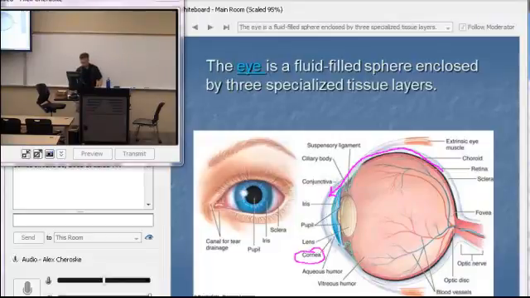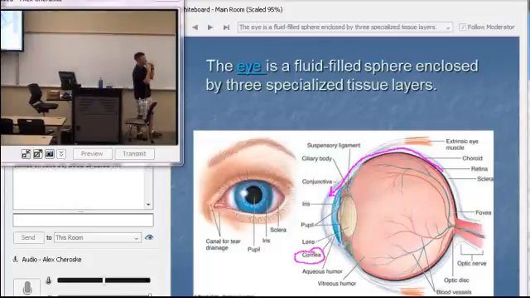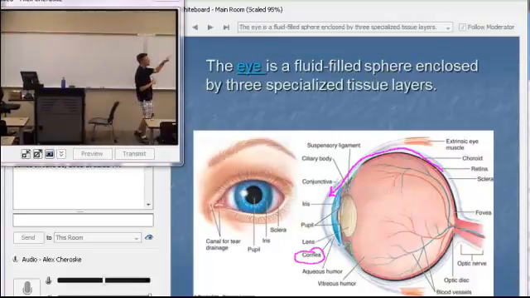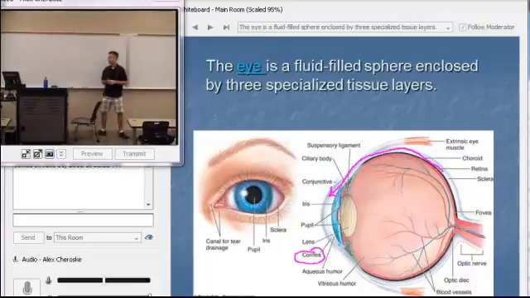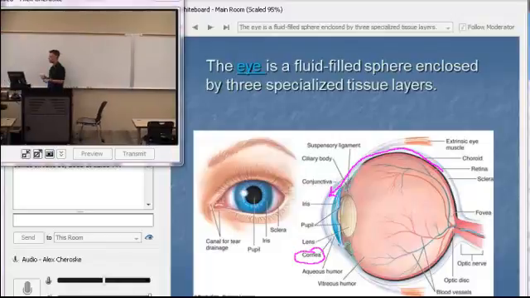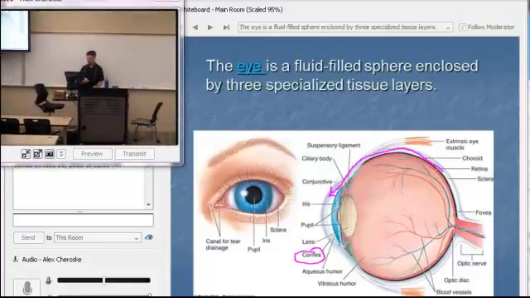So the cornea and the sclera are the same layer if you trace them around; where it's opaque and white, we call it the sclera, and when it's clear in the front, we call it the cornea. That's sometimes called the fibrous tunic. It's the outermost layer and the thickest layer.